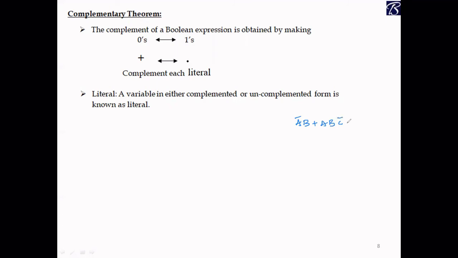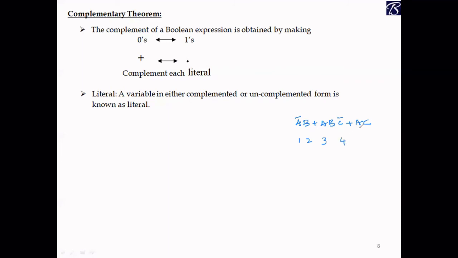For example, A bar B plus A B C bar plus A C. Now find out how many literals are there here. A bar is one literal, and B is second literal. This A is third literal. B is repeated here, no need to take. C bar is one literal, fourth one.